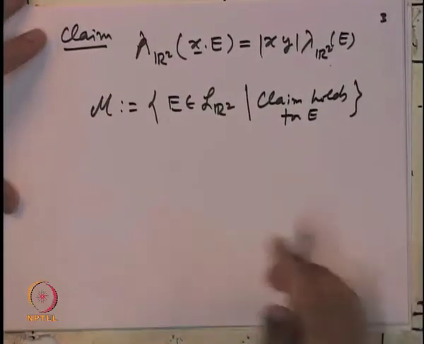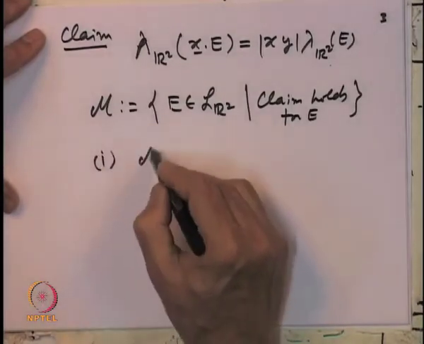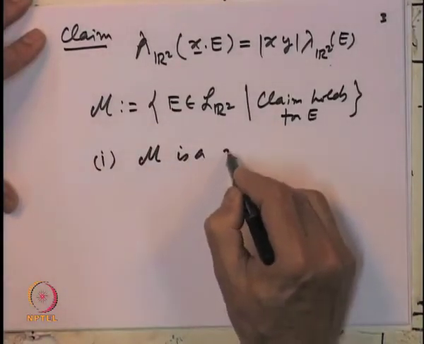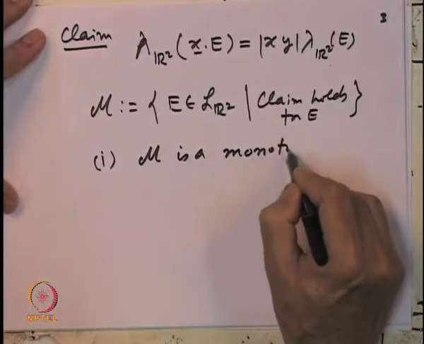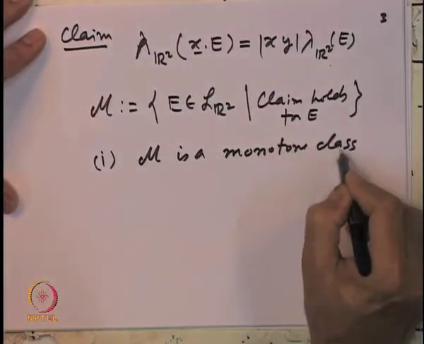So, the technique is to show, one, that this class M is a monotone class. So, that is one step.